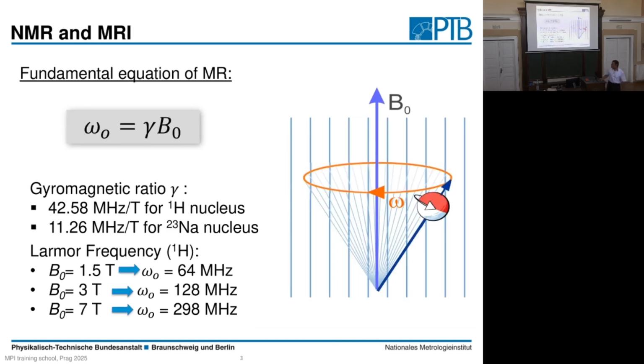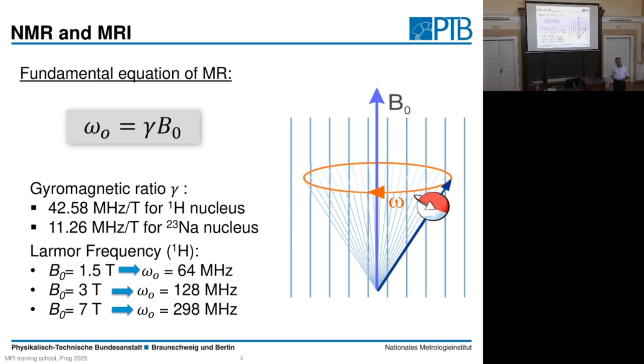So, how does it work for MRI? There we have this fundamental equation, which says the frequency of the precession movement of the nucleus depends on the strength of the magnetic field B0, and gamma, the gyromagnetic ratio, decides which type of nucleus we have.